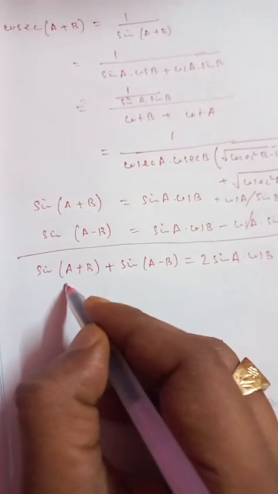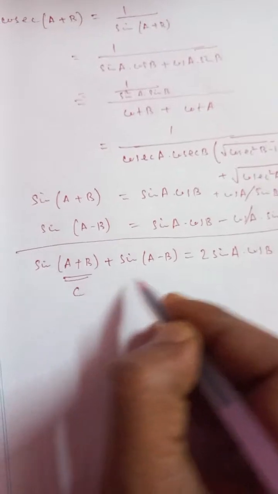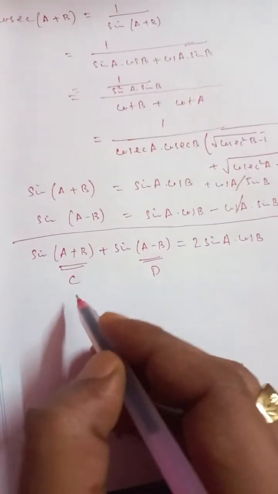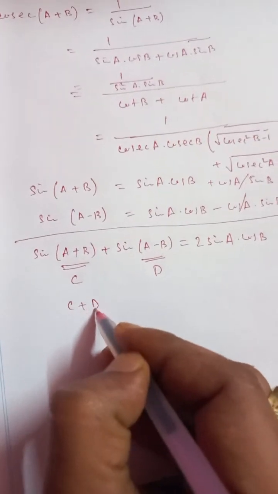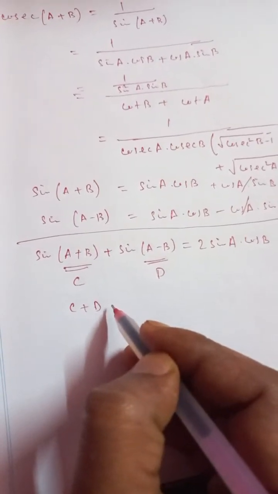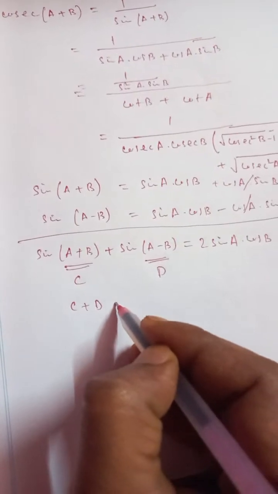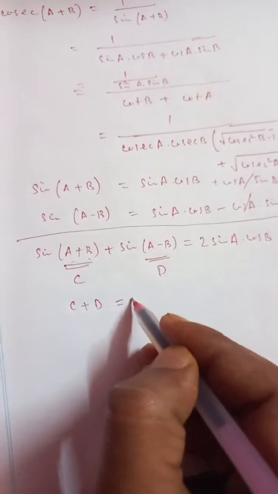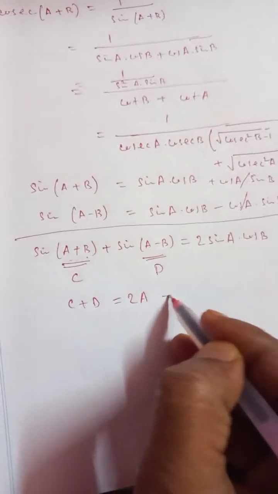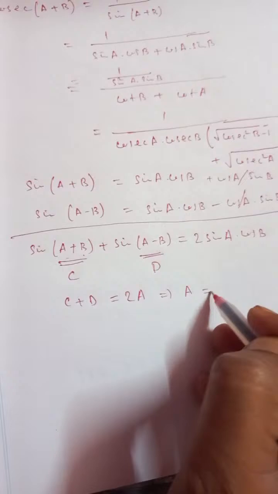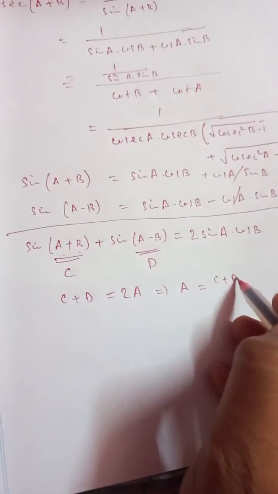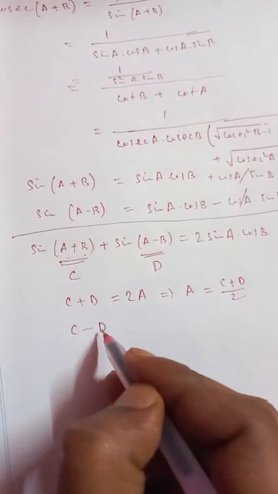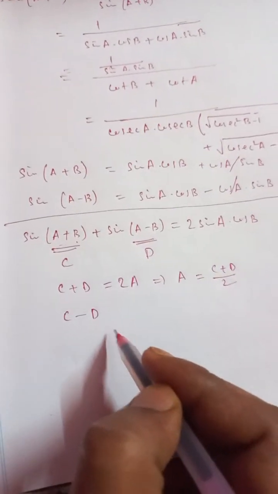Now if we replace A plus B by C and A minus B by D, then C plus D will be A plus B plus A minus B will be 2A. So A will be C plus D by 2, and C minus D, this will be 2B.